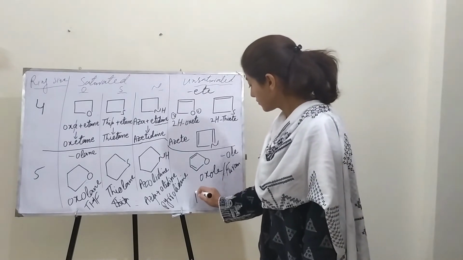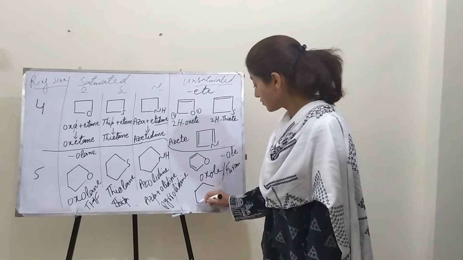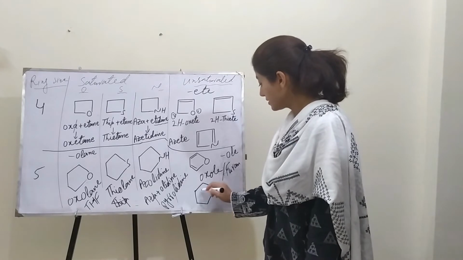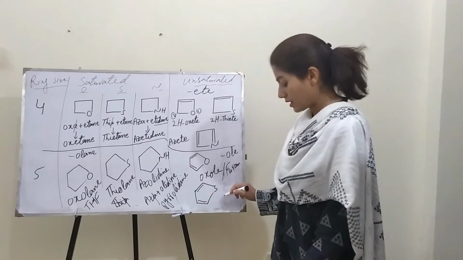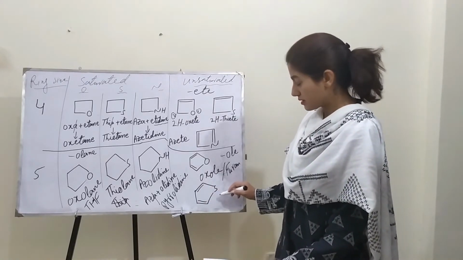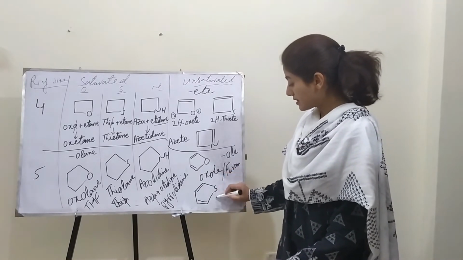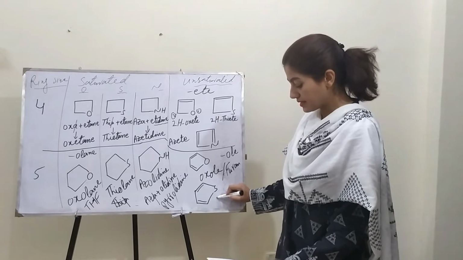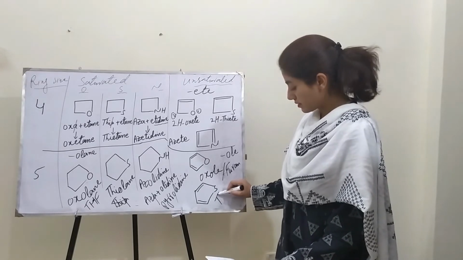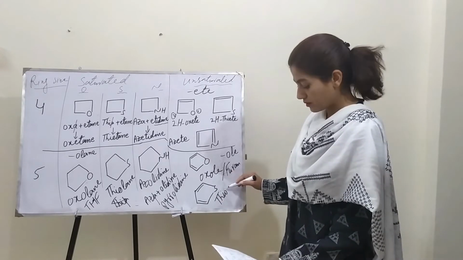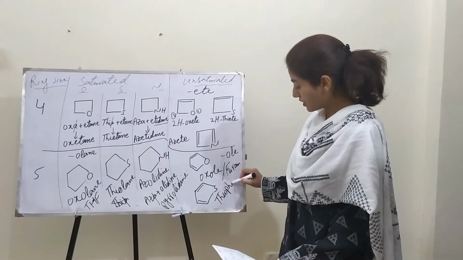And similarly for sulfur, it would be thiole. For sulfur, this member would be called thiophene.